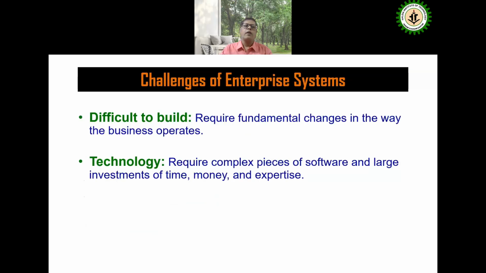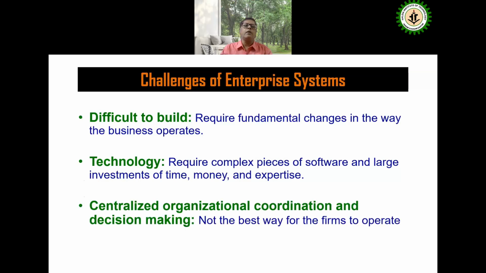Along with the benefits, there are different challenges concerned with this enterprise system. The first thing is it is difficult to build. That means, as we said, it is very easy to represent graphically, to show a common platform connected to marketing and sales, finance and accounting, human resources, manufacturing and production.